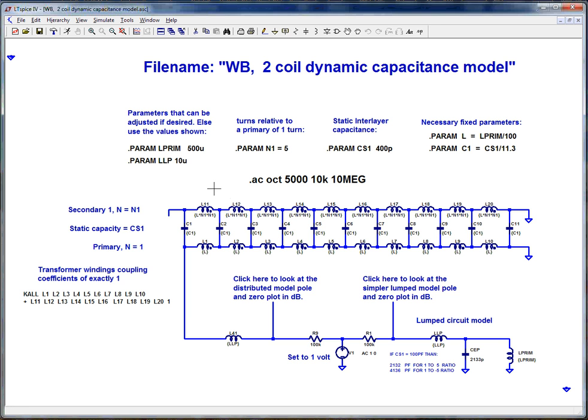This is an attempt to show what's really going on in a transformer. Transformers are horribly complicated if you really looked at their actual circuits. But we can't model them because they're so complicated. So we try to simplify the behavior of this complex model.